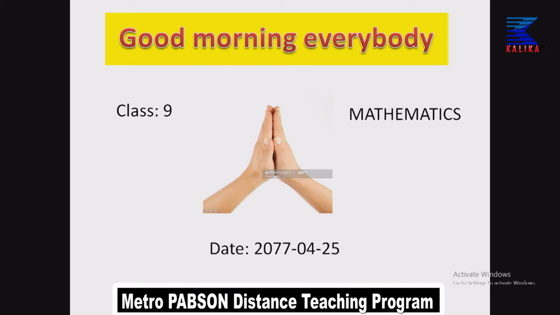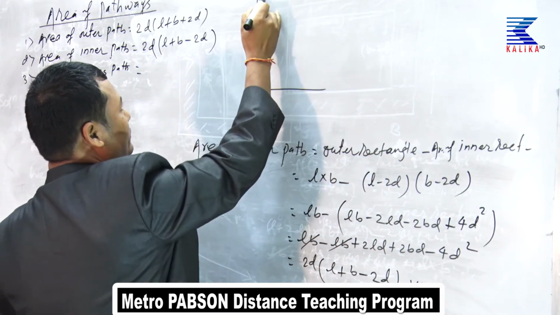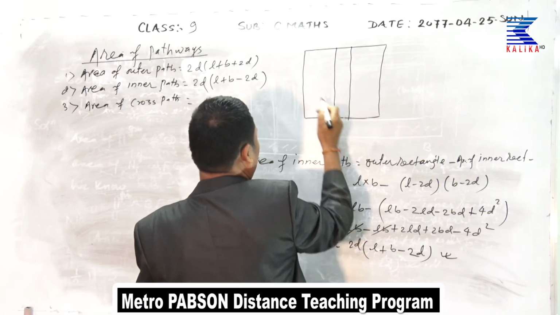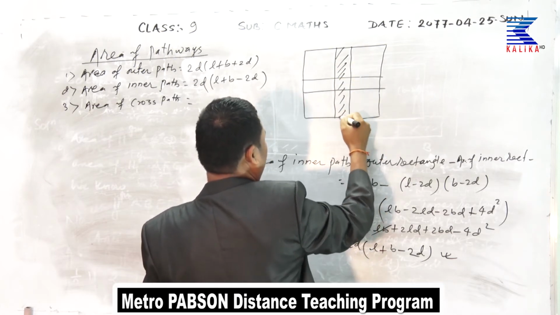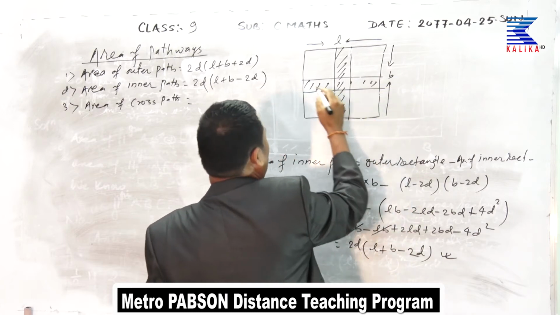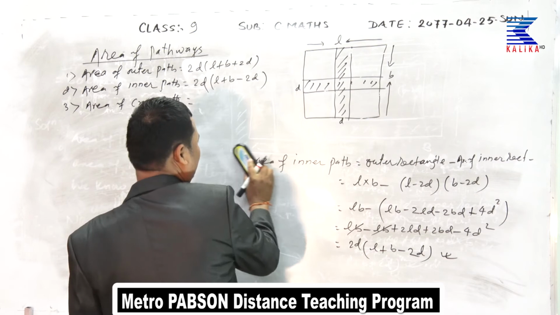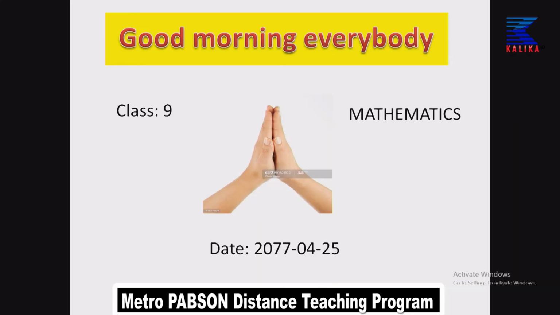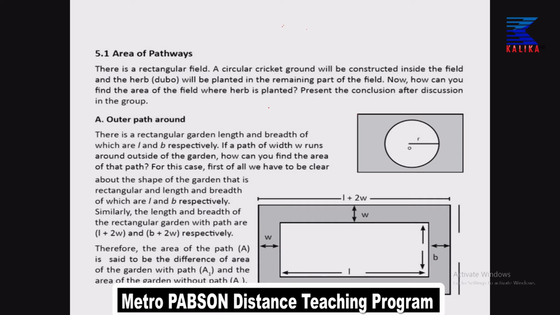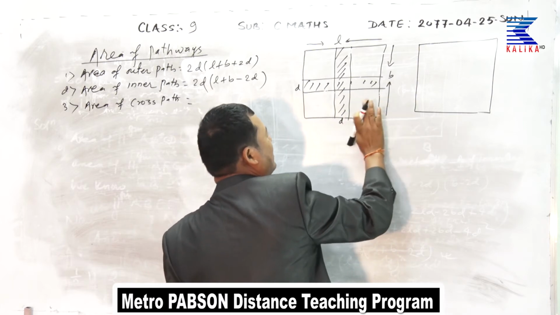The total length is L, the breadth is B, and the width of the path is D. It is the same figure, the path is shifted to the other side.